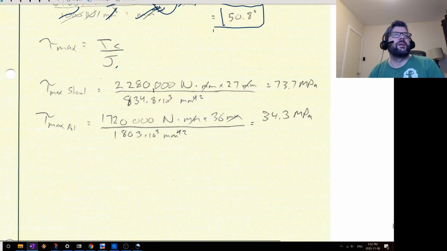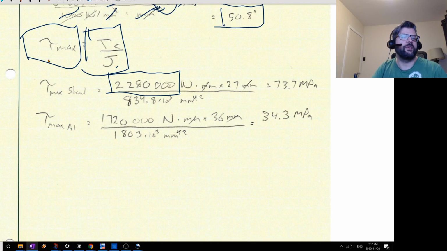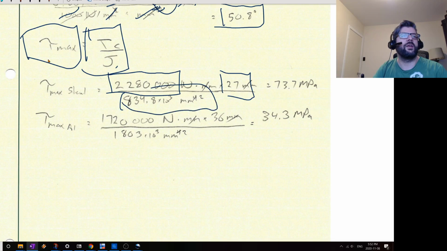We got that. We can also calculate what the stress levels are. The stress is going to be equal to the torque times the radius divided by the J. So again, the torque in the steel in newton millimeters, because I want to keep everything nice and simple when I do these calculations, times 27 millimeters divided by our J here, 834.8 times 10 to the 3 millimeters to the 4th.